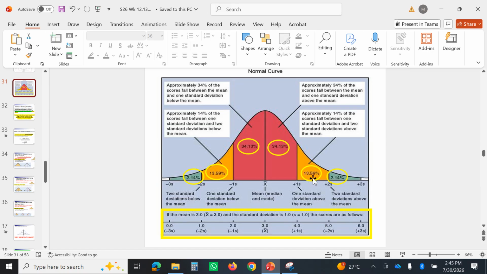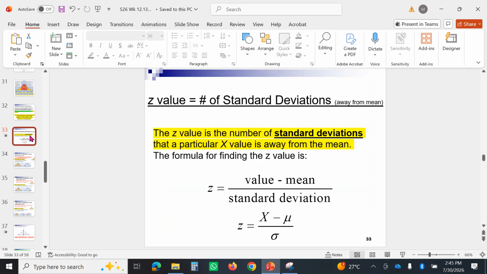What if I went negative 2.5 standard deviations? Well, there's 2, so 2.5 would be in there somewhere, whatever that value. So this is what we're talking about when we're dealing with Z-scores. A Z-score is going to tell you the number of standard deviations away from the mean a particular data point will be. We'll show you that.